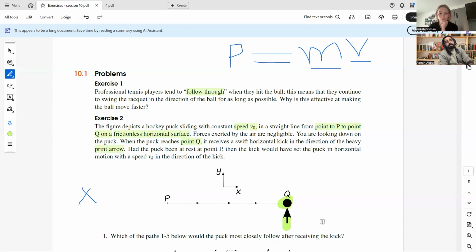So as a result, he is saying that another force is directed in the direction of the bold arrow, horizontally. Had the puck been at rest at point P, then the kick would have set the puck in horizontal motion with speed Vk in the direction of the kick.